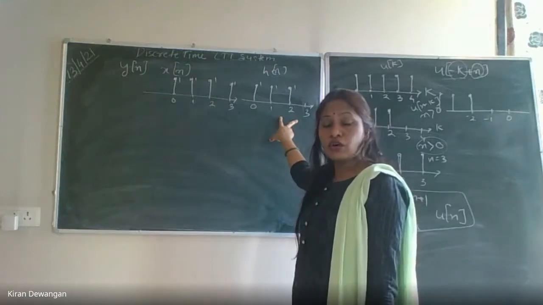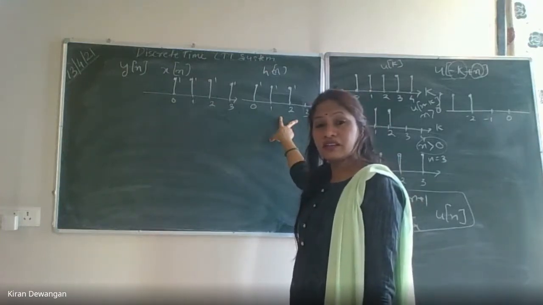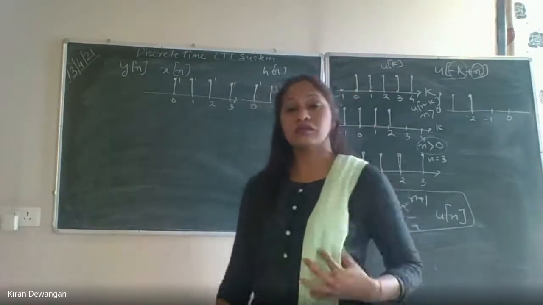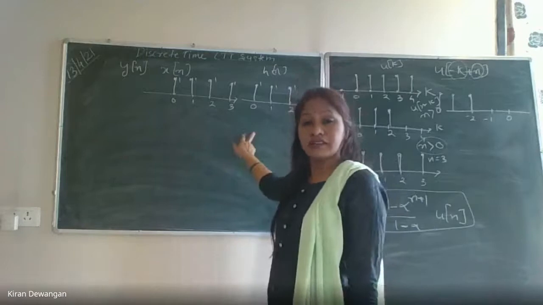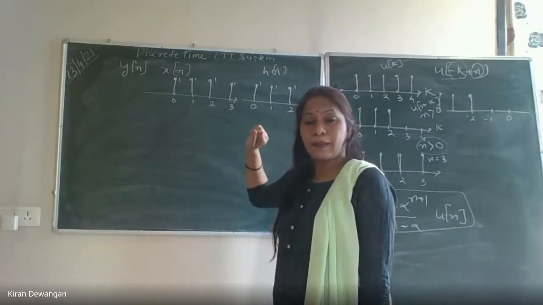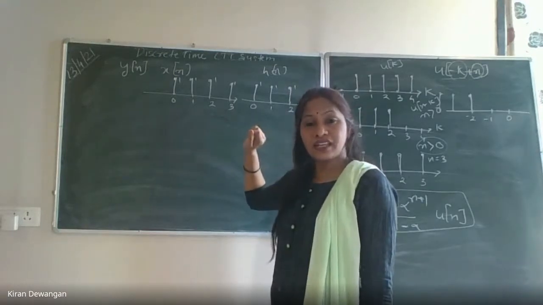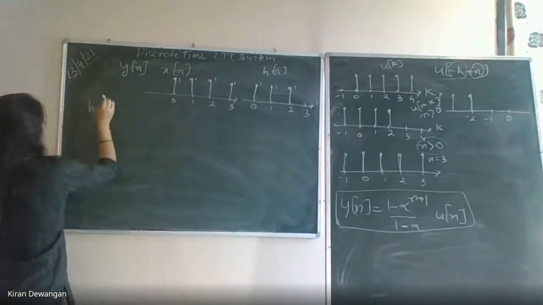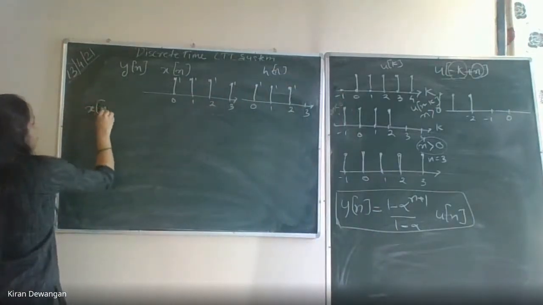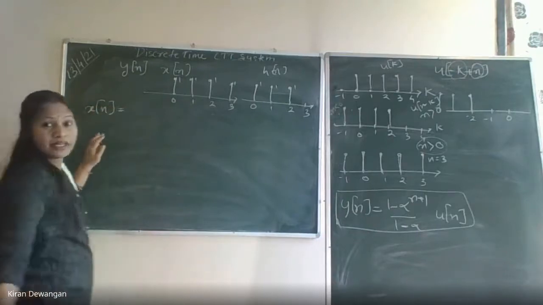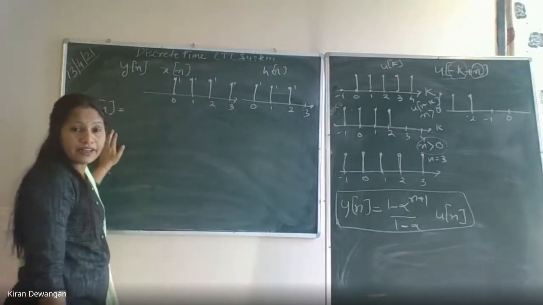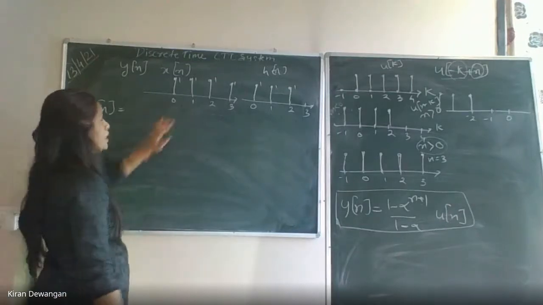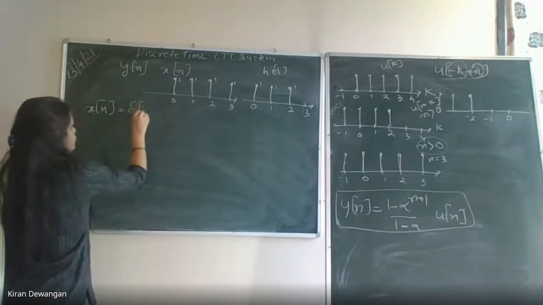How will you solve this question? Yes, students? X of n can be written in terms of del n. इसको del n के terms में लिखेंगे तो how will we write in terms of del of n?